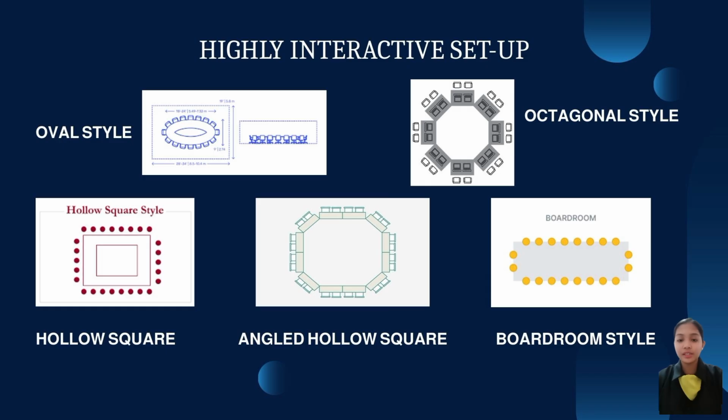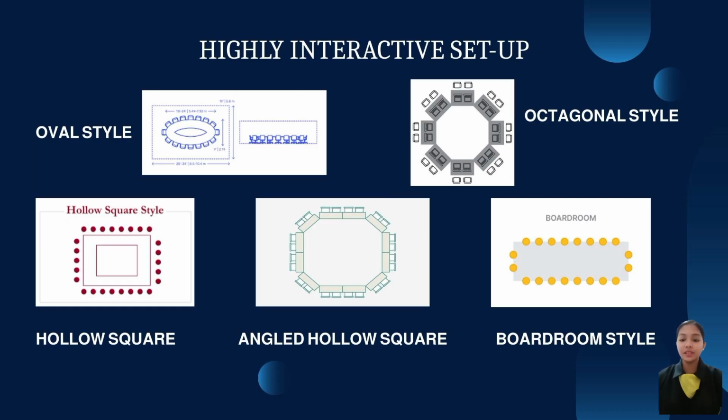Hollow square style, ideal for informal sessions and discussions. This arrangement allows guests to easily move around and engage with one another. Angled hollow square, similar to the hollow square but with tables angled to facilitate better visibility and interactions.